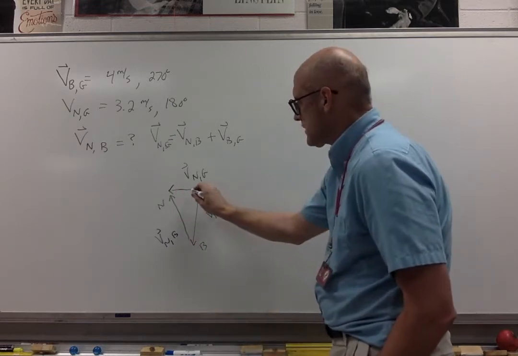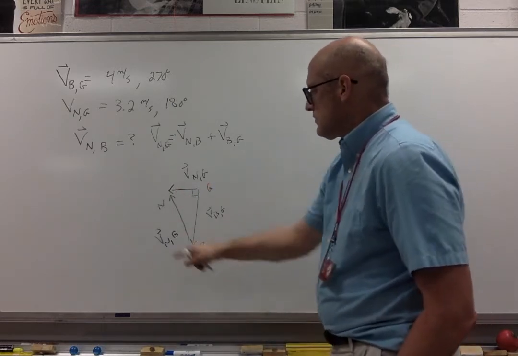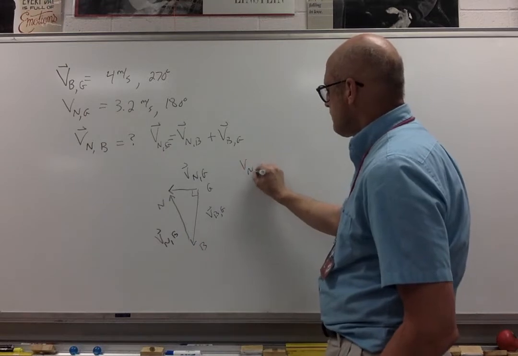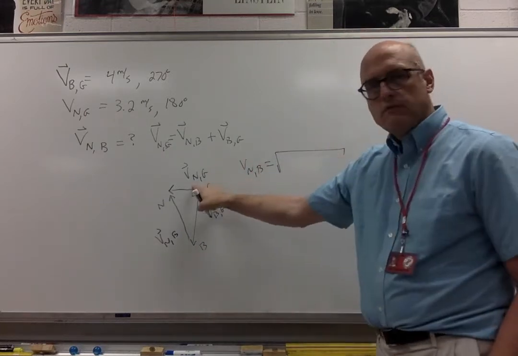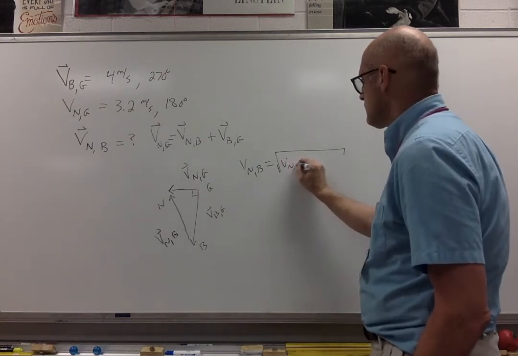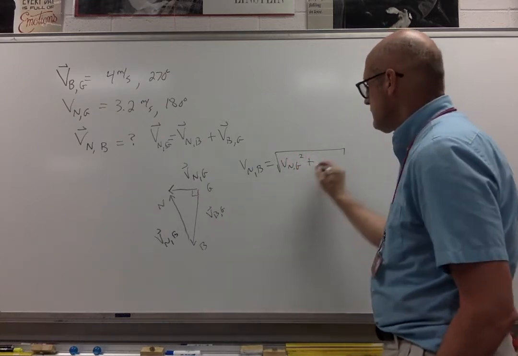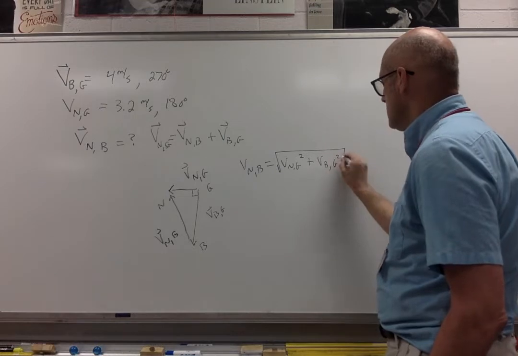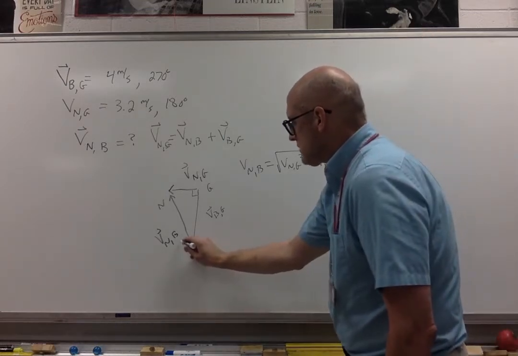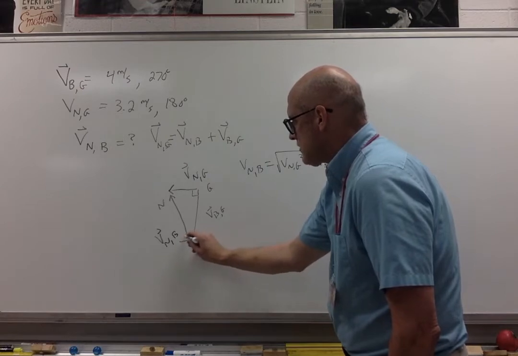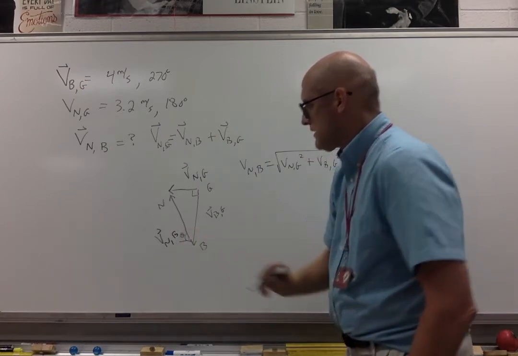Okay, so we can use trigonometry. So the magnitude of VNB is equal to the square root of VNG squared plus VBG squared. And the angle, why don't we find this angle here, theta.